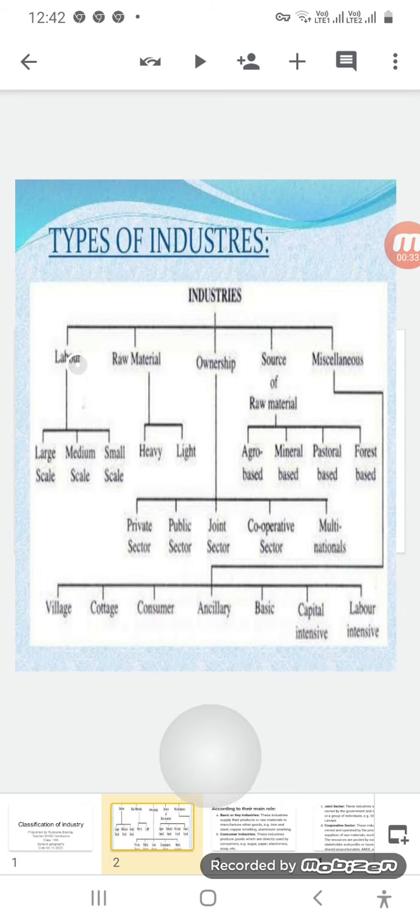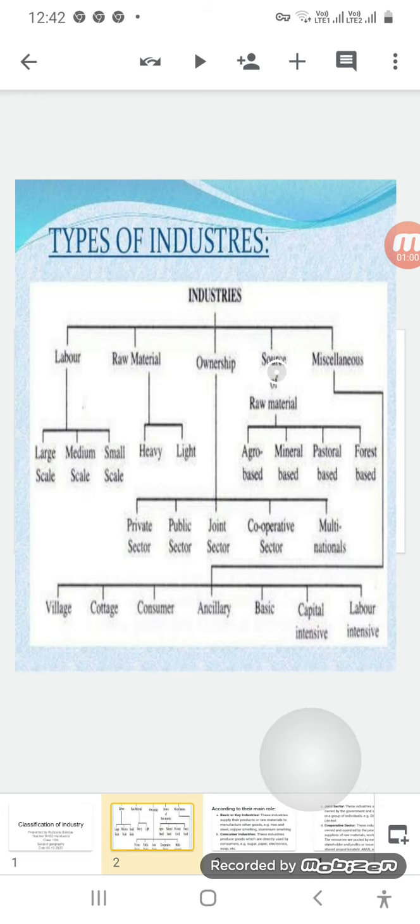On the basis of labor, we have large scale industry, medium scale industry, and small scale industry. Then on the basis of raw material, we have heavy and light industry. We will discuss these later. On the basis of ownership, we have private sector, public sector, joint sector, cooperative sector, and multinationals.